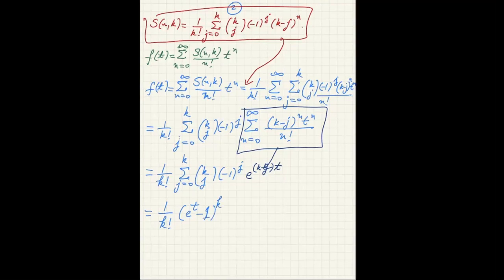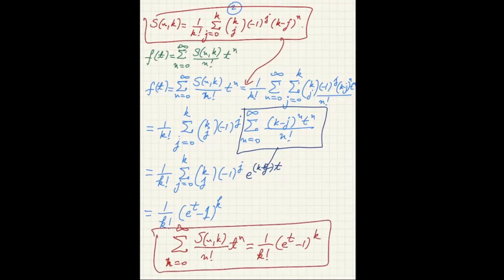So essentially what we proved is this expression: the summation for n equals 0 to infinity of S(n,k) over n factorial t to the n equals 1 over k factorial times (e to the t minus 1) to the k. So one can determine the exponential generating function of the Stirling numbers of the second kind.